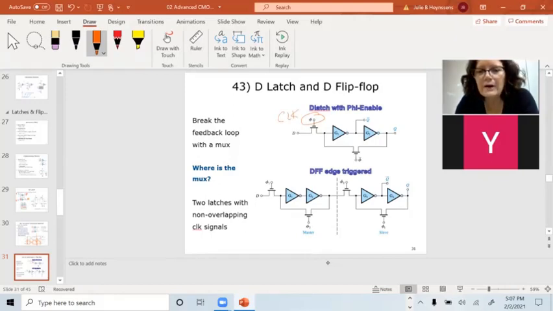When the clock is high, D passes through this transistor and gets to here when phi is high. When phi is low, this transistor turns on, and I just feed back the value that was previously stored to reinforce it. So this is enabled with clock, or phi.